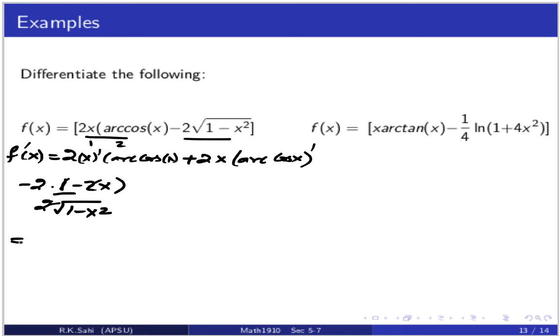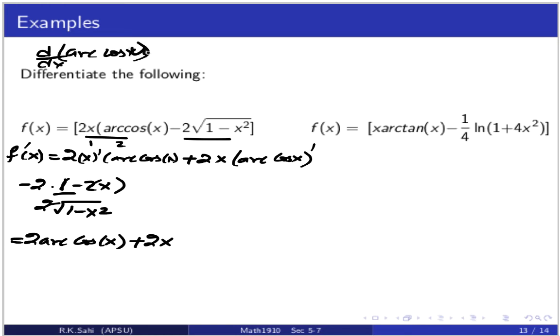So what do we get? We have x prime here, which is 1, times 2 arc cosine x.